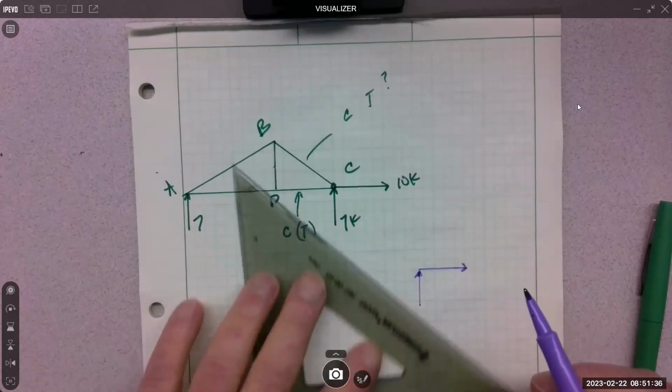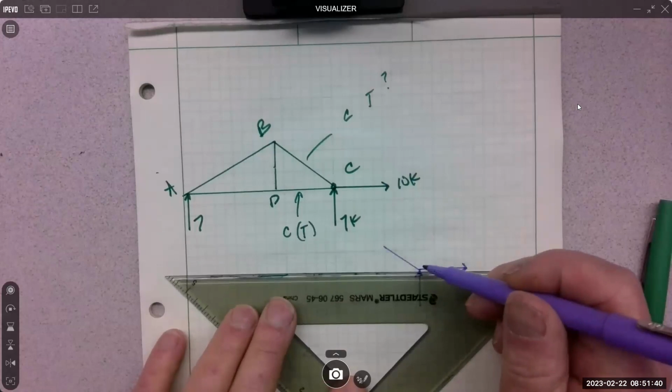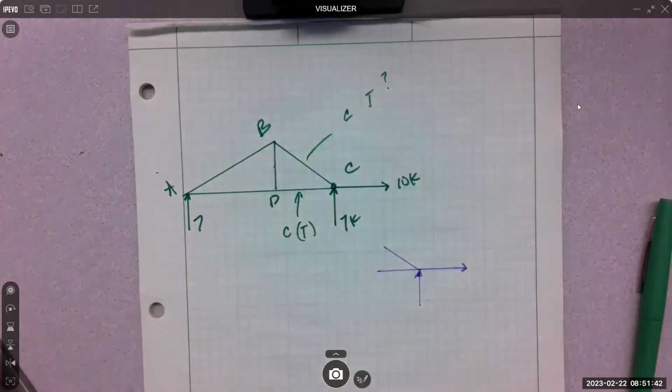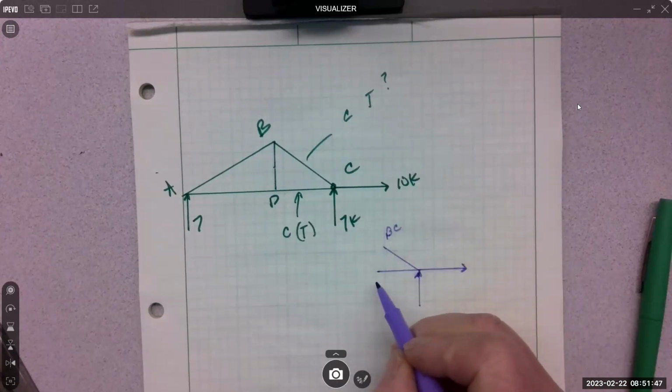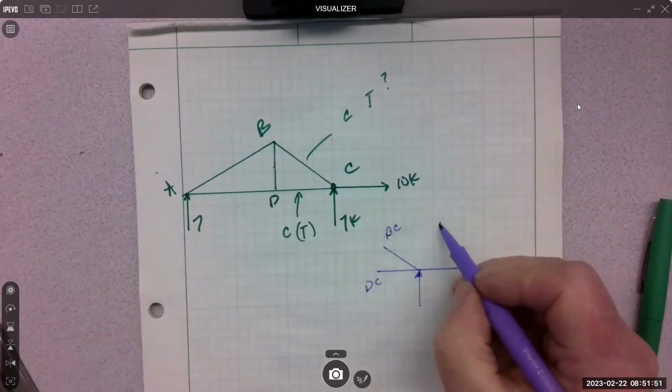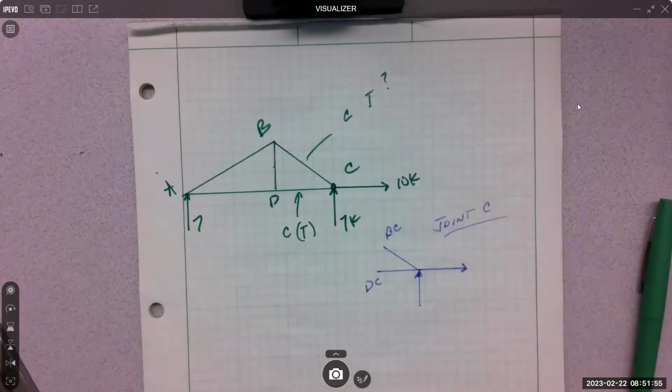Right? And I don't even need to put the forces in, like the magnitudes. So this is joint C. Everyone agree with that? I got this one in and I got this one in, right? So just looking at that, what can I determine?